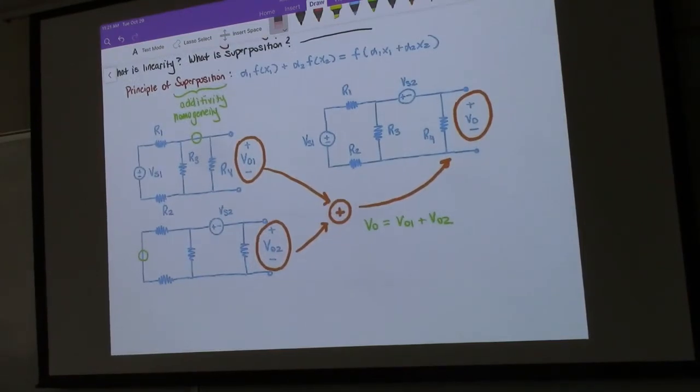Yes? How come it would be difficult to solve for just the original circuit? So it wouldn't. Superposition is not necessarily a shortcut, right? It's not something that makes the problem easier.